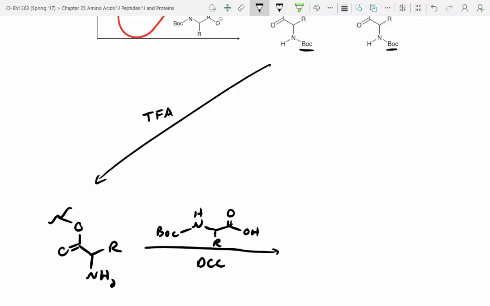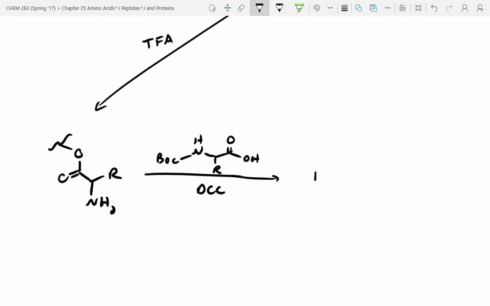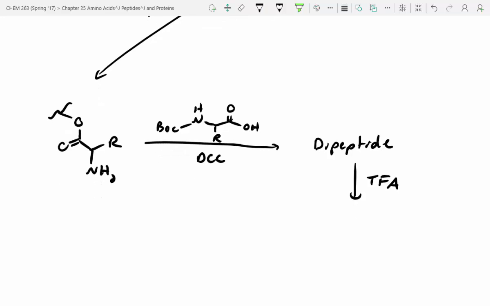Now he had a dipeptide that was appended onto polystyrene. And then TFA to get your amine. And then repeat. Right? So he could grow these really long polypeptides off of polystyrene beads.